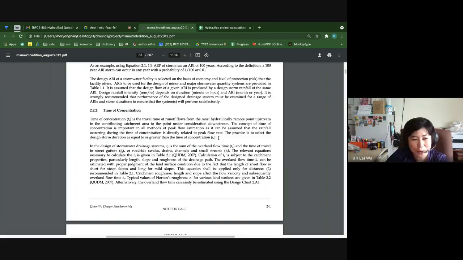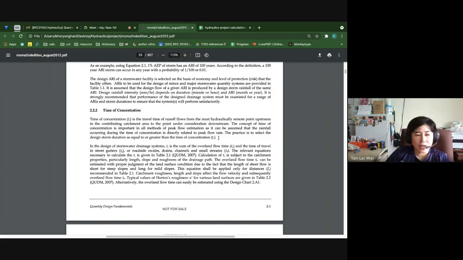It's either equal or greater, but you can use equal. It doesn't matter, you can choose either one. Are you clear? Clear, doctor. So therefore, to find the duration to find rainfall intensity, you need to find TC first, because you want to use D equals TC. Clear so far? Clear.